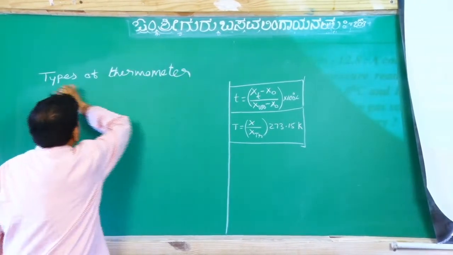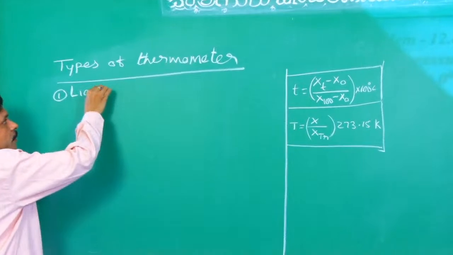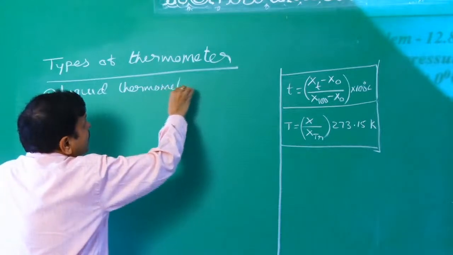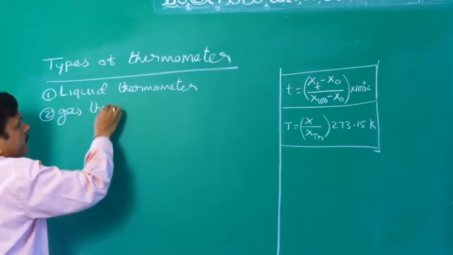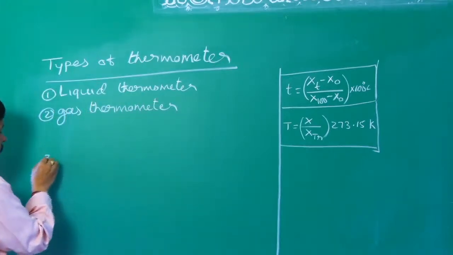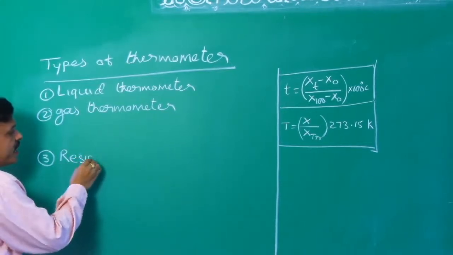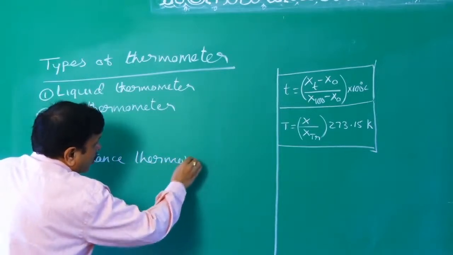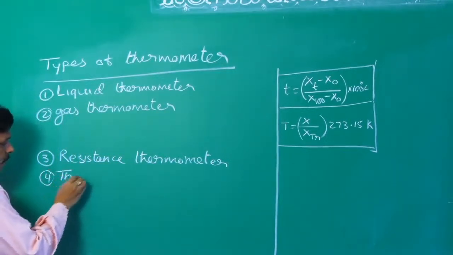In the types of thermometers, first we have got the liquid thermometer. Second one is the gas thermometer. Third one is the platinum resistance thermometer, or only resistance thermometer. Next one is the thermocouple thermometer.